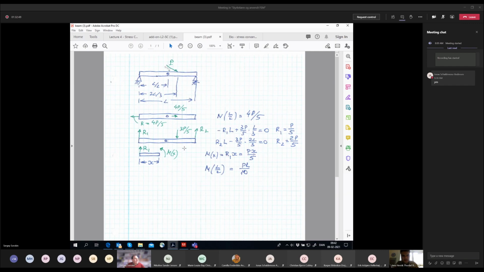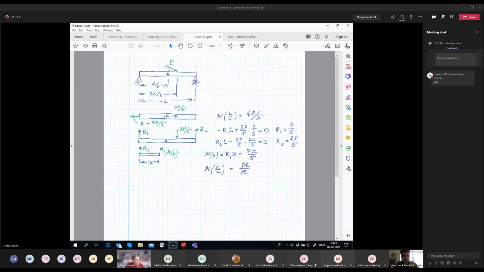As we apply the horizontal component, in principle it acts at this surface, but there is no harm for us to put it on the axis. So we have a force of this amount acting at the axis, and then we immediately recognize that the horizontal force to balance this one must also be 4P divided by 5. So then it will be in equilibrium, right?